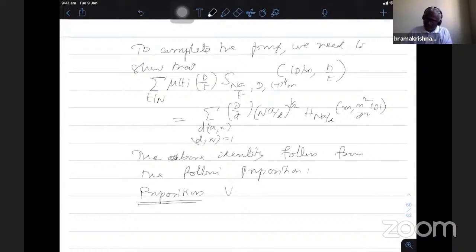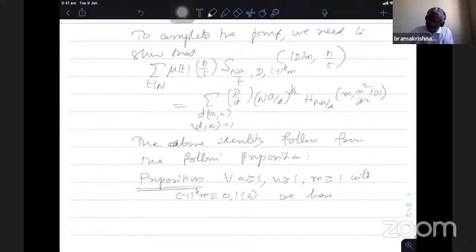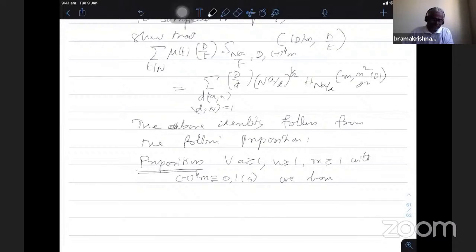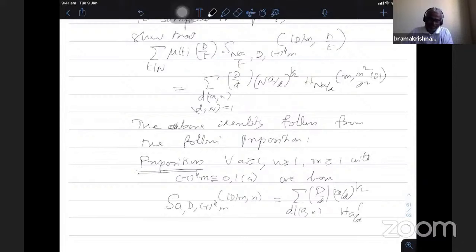So for all a greater than or equal to 1, n greater than or equal to 1, m greater than or equal to 1, with minus 1 power k m being 0 or 1 mod 4, we have, so actually we have to take some Mobius inversion and then try to get this one. So I can just use that, sum of minus 1 power k m mod dm n is summation d dividing a comma n, d by d, a by d power half, h a by d of m n square by d square mod d.